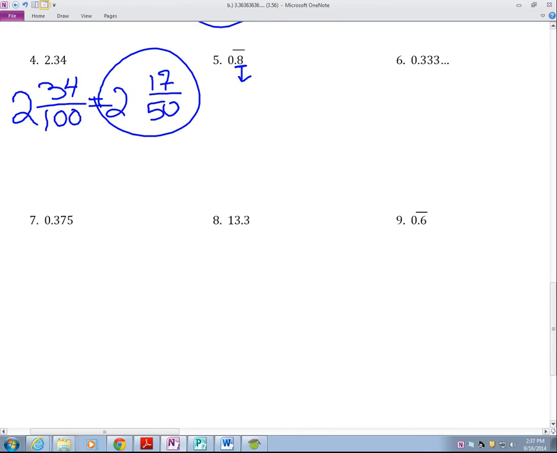Denominator's 9. Beautiful. And the numerator's 8. What he said was he knew that the 8 that's being repeated is in the tenths place, and he needed to subtract 1 from the 10, so he made it whatever over 9, and it became 8 ninths.